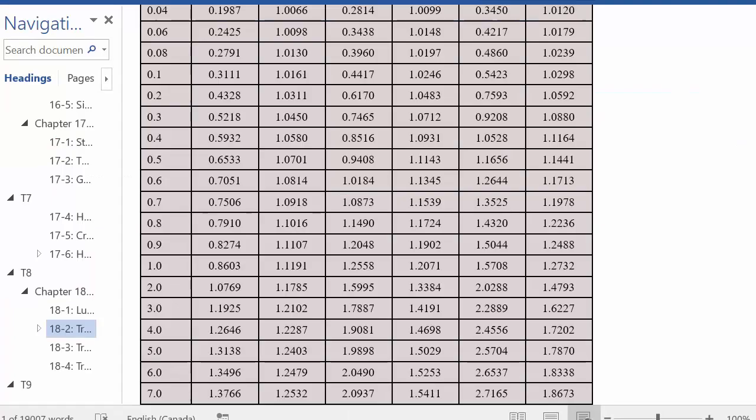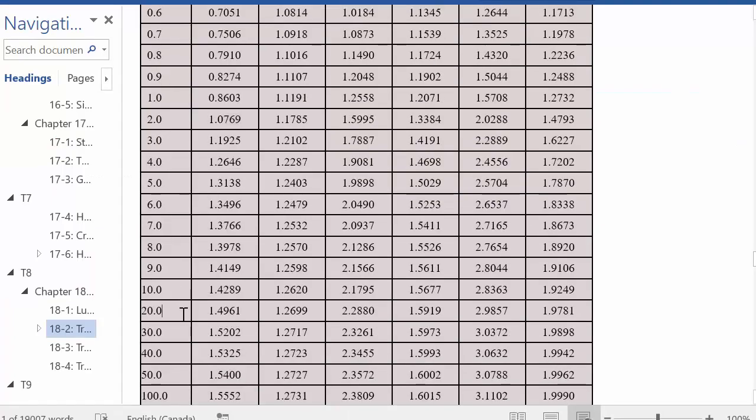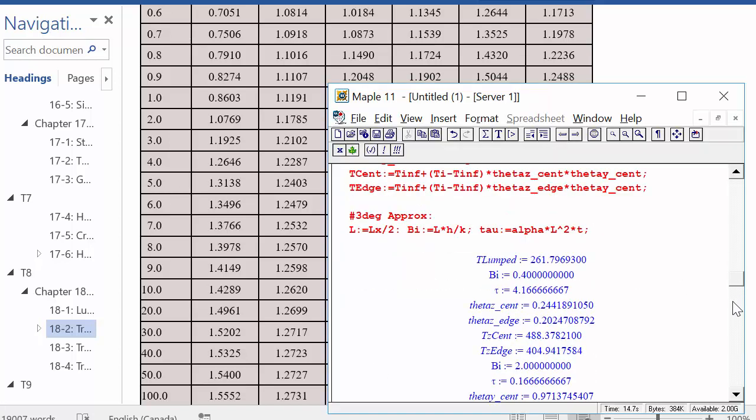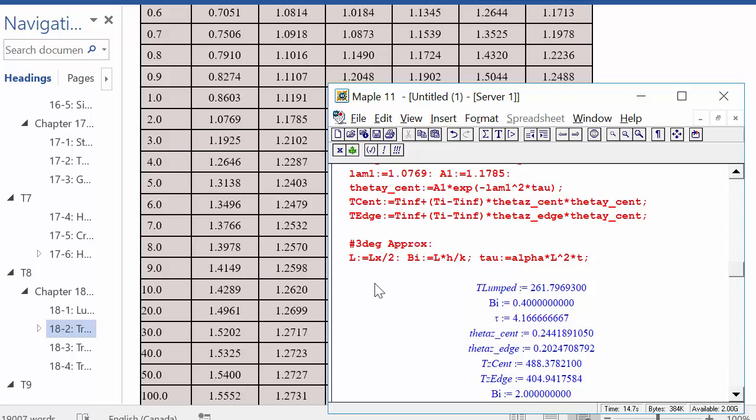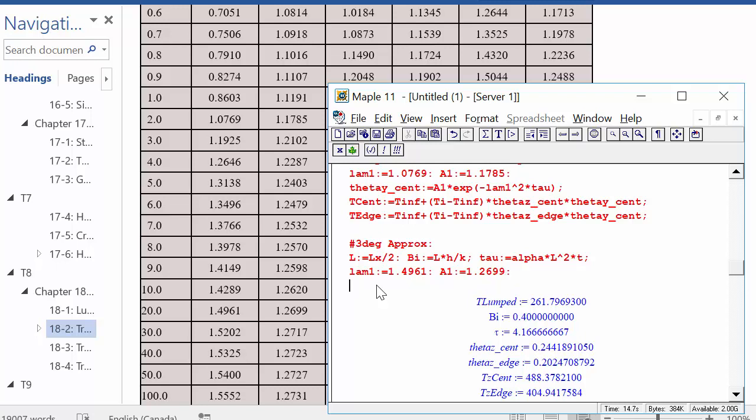So going back to the tables, Biot number of 20 gives us a lambda of 1.4961 and an A1 of 1.2699.